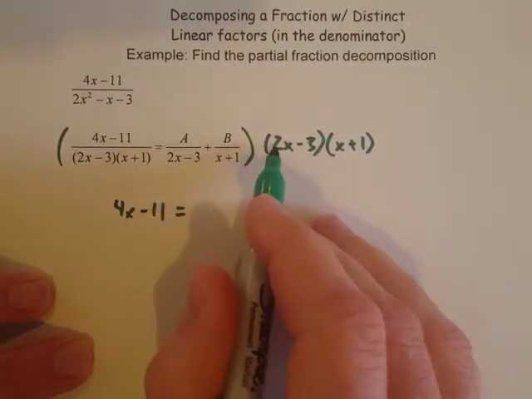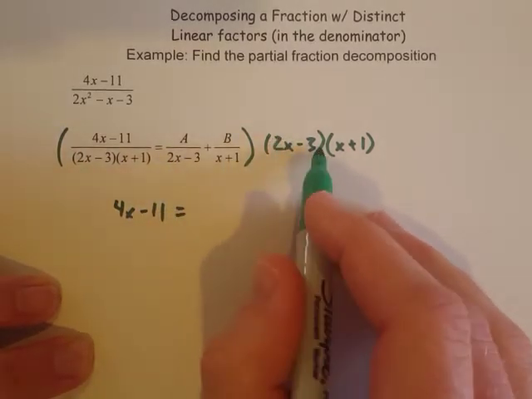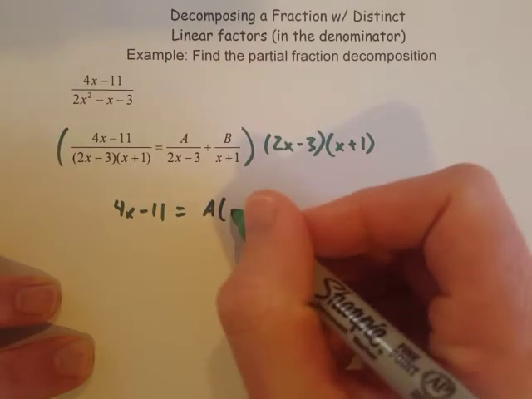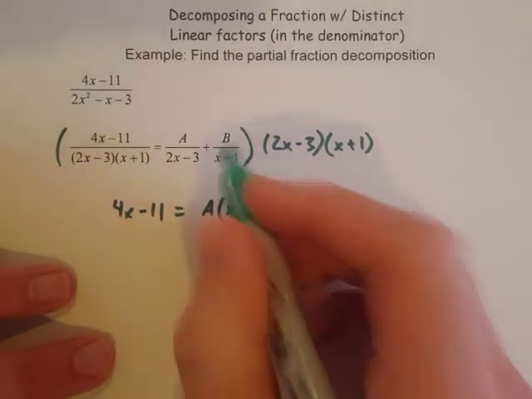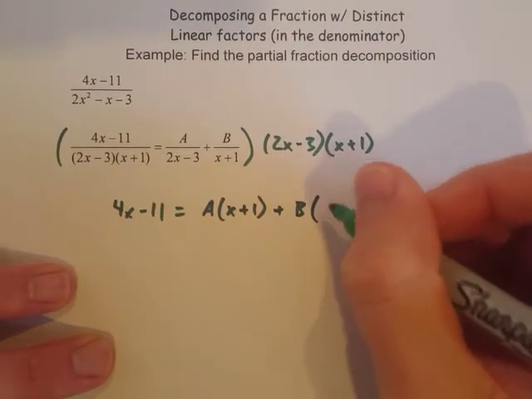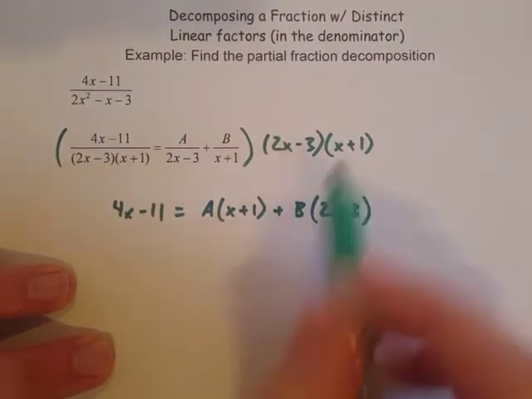On the right-hand side, we will be eliminating the 2x minus 3. The x plus 1 is going to be left over on top, so we're going to be left with A times x plus 1. Then we go to the B fraction, and that one is going to be left with B times 2x minus 3 because the x plus 1's cancel out.